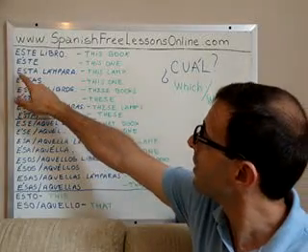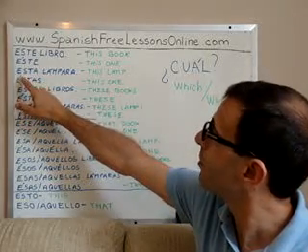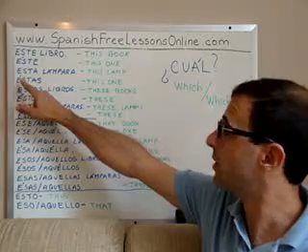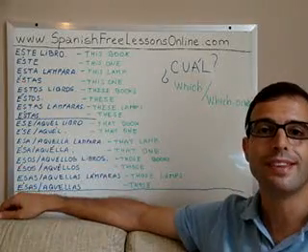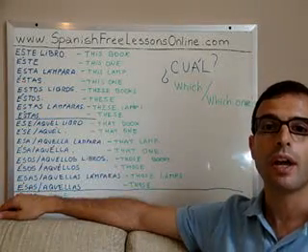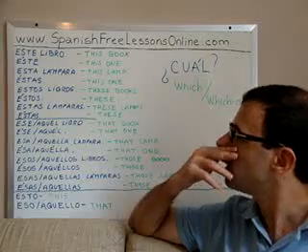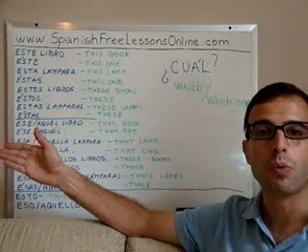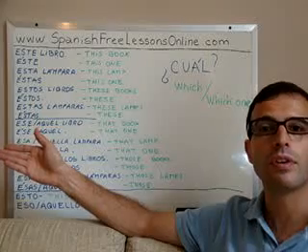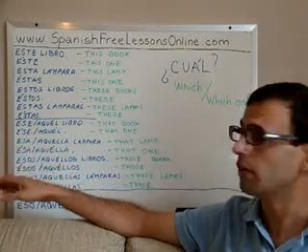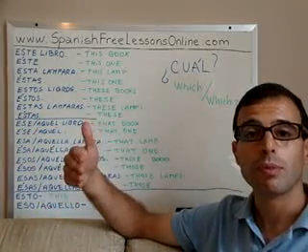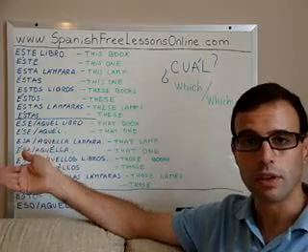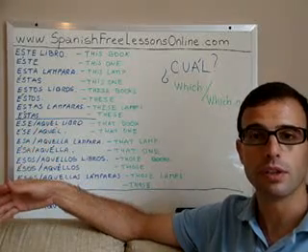You see this little line on top of the vowel, in this case of the letter E, is called a tilde in Spanish. And the tilde always marks where the accent is, in which syllable the accent is. However, most words don't need a tilde, and some few do need a tilde.